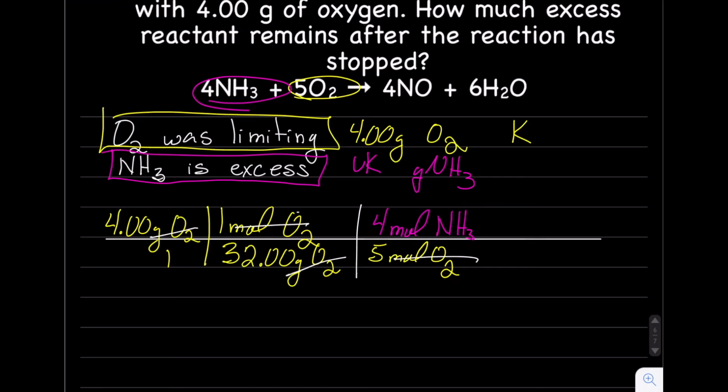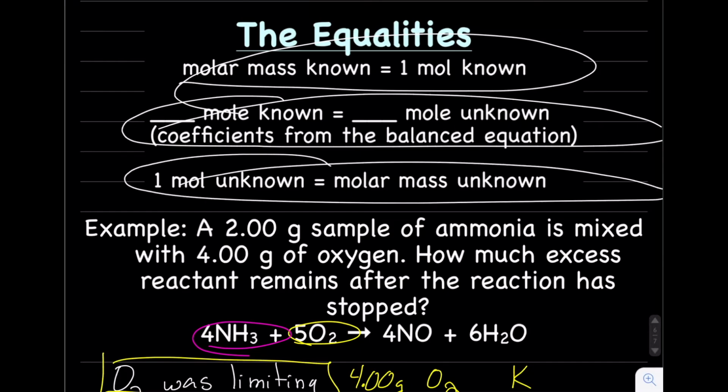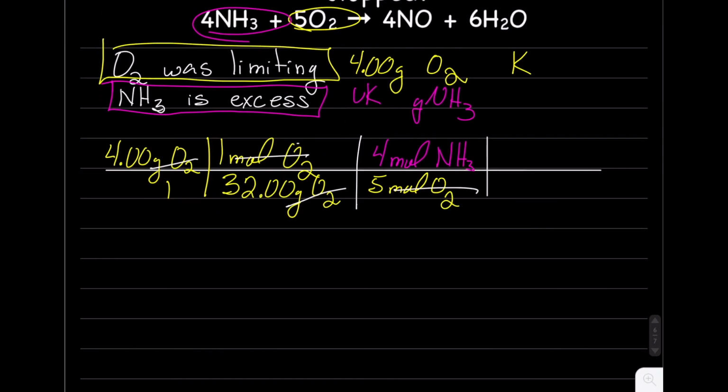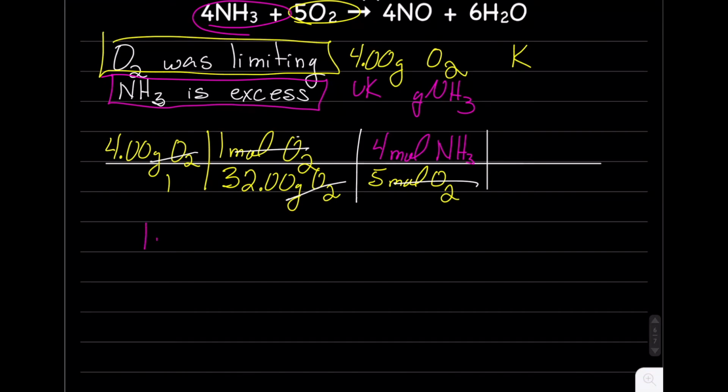So we're at mole unknown, and we want to go to mass unknown. So which equality starts with mole unknown? 1 mole equals molar mass. 1 mole of unknown equals molar mass of unknown. So our unknown is NH3. So we're going to have 1 mole of NH3 equals the molar mass of NH3, which is 14.01 plus 3 1.01s, giving us 17.04 grams NH3.